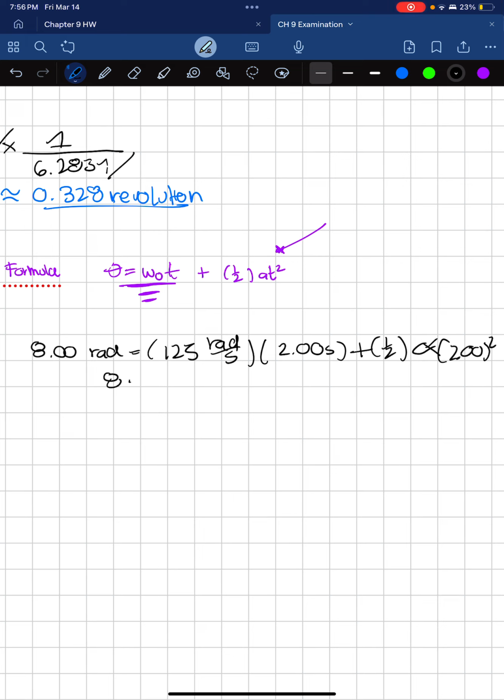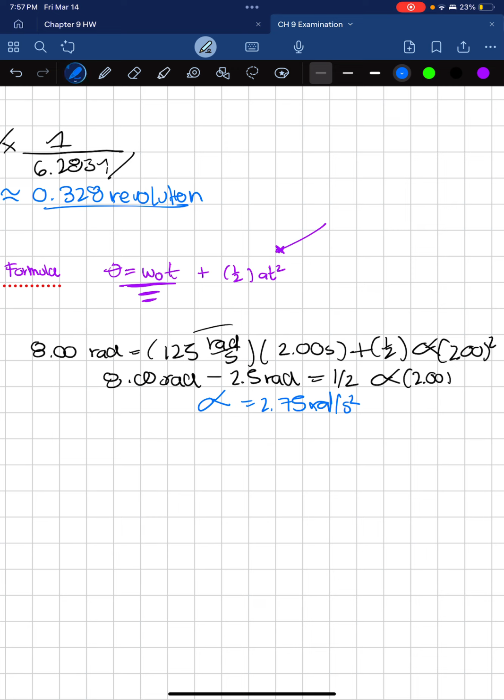Let me simplify that. So we have 8 radians minus 2.5 radians, which is what this was, equals 1.5 times alpha. Then we get that the angular acceleration is going to be 2.75 radians per second squared.